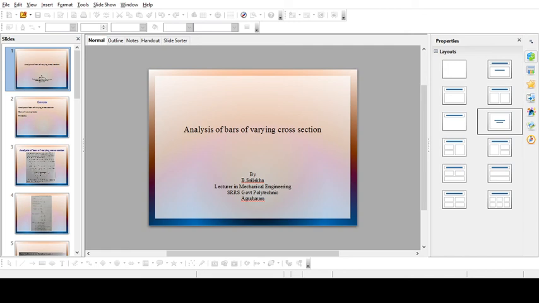This is how we calculate the total elongation for varying cross sections and varying loads. Okay.